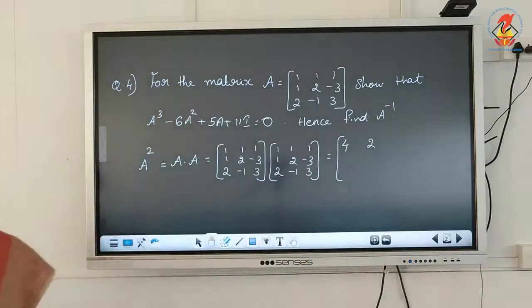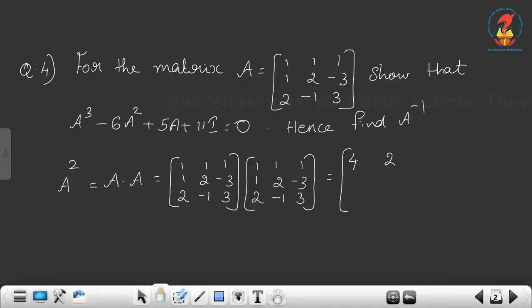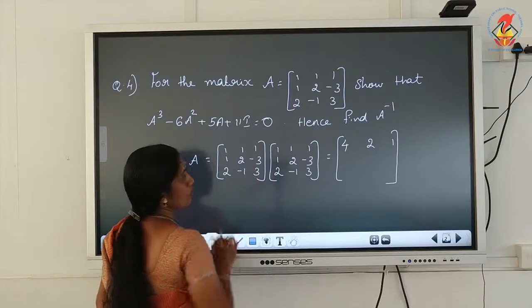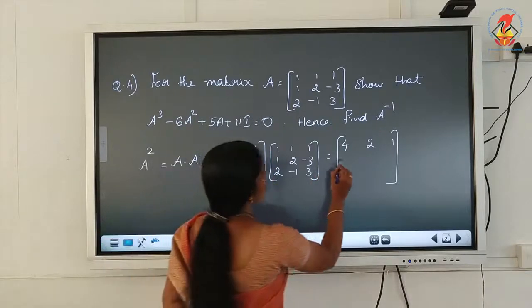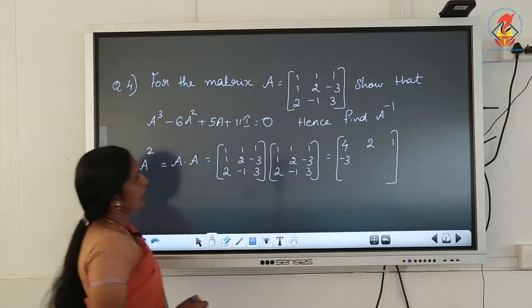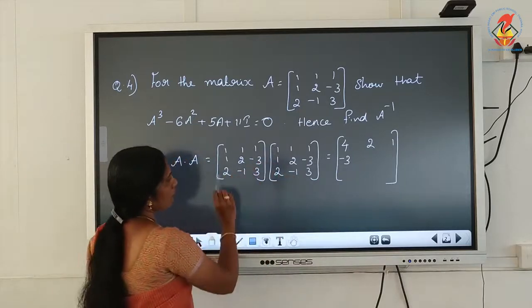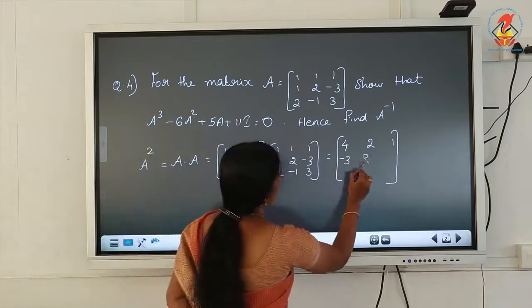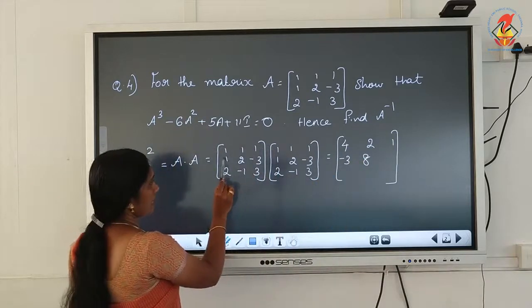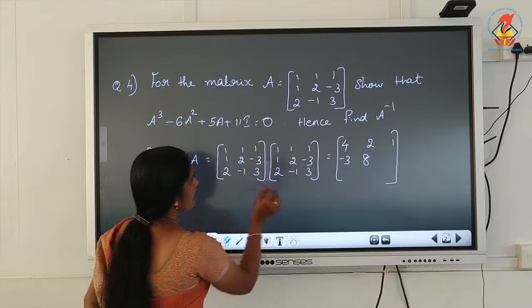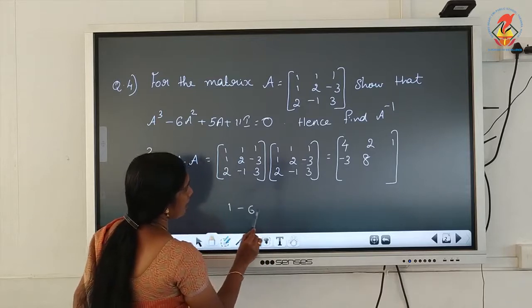The next element, 1 into 1 minus 3 plus 3, so that is equal to 1. The next row: 1 into 1, 1, 1 plus 2 is 3, 3 minus 6 is minus 3. Then 1 into 1, 2 into 2, that is 4 plus 1, 5, 5 plus 3 is 8. The next element, 1 into 1 minus 6, then minus 9.